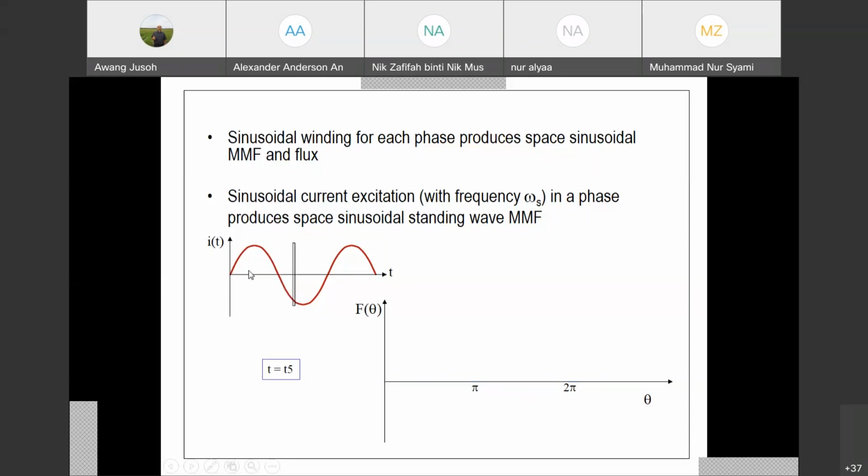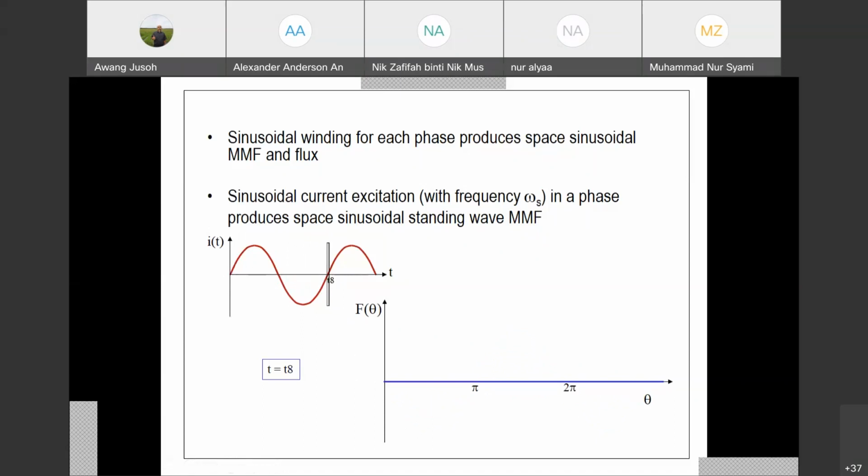So you can see the current is reversed, and the flux produced is reversing like that. Negative maximum dot, you get maximum flux produced, and so on. Half again, and 0 again, and it repeats. There is a relationship between current and MMF produced in the system.